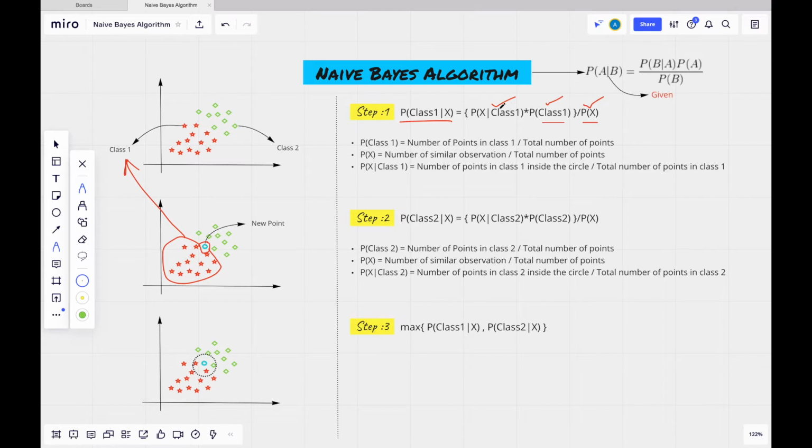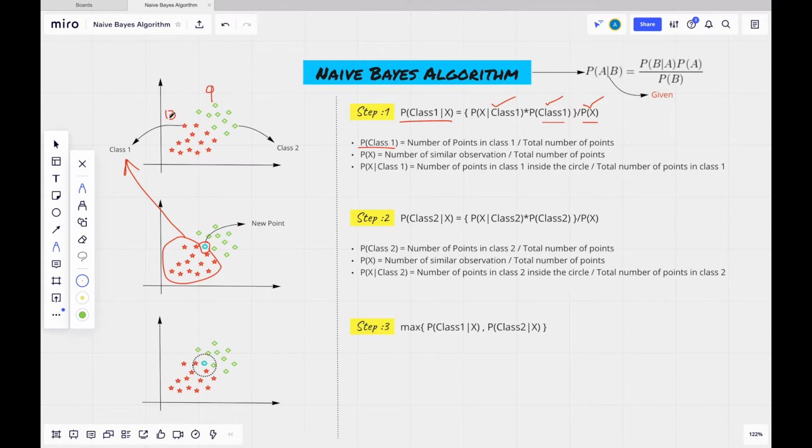Firstly, we have probability of class 1. What is this? Number of points in class 1 divided by total number of points. We have 1 2 3 4 5 6 7 8 9 10 11 12 13, so 13 points in class 1. Total number of points: in class 2 we have 9 points.